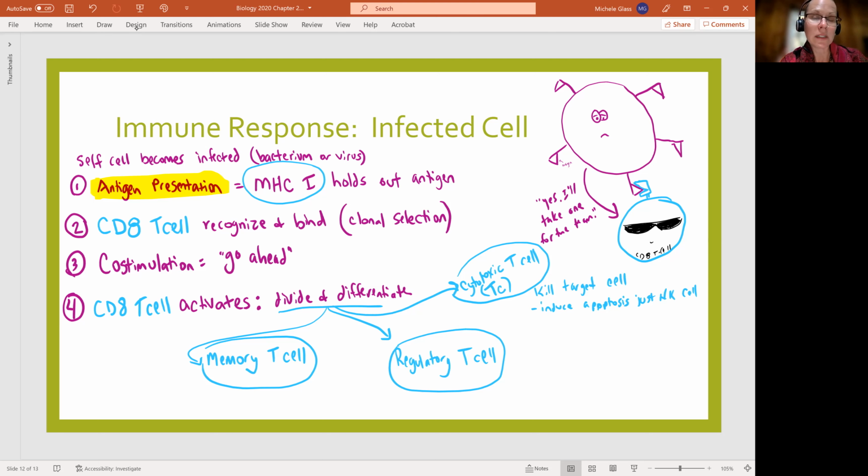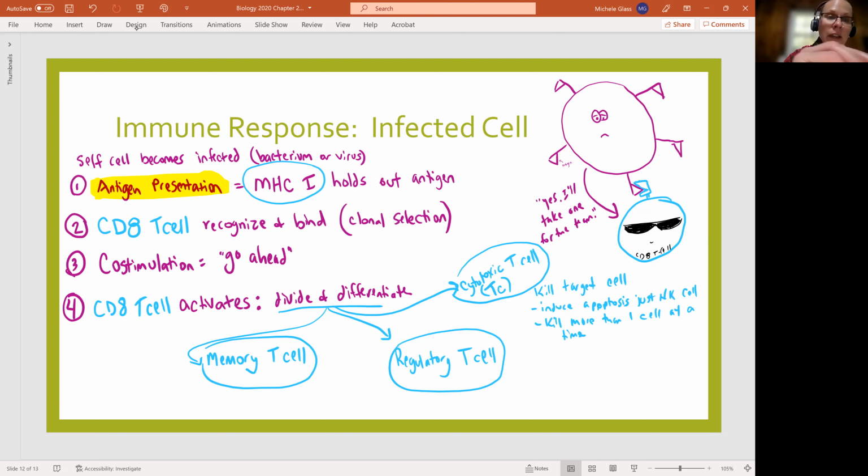Or maybe it's releasing the Fas ligand, which is going to trigger apoptosis in this target cell. And then what we can see happening is it can kill more than 1 cell at a time. This is why we call the cytotoxic T cell the cell-mediated defense, the cell-to-cell defense.